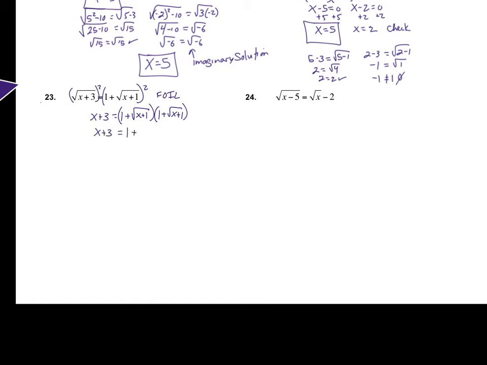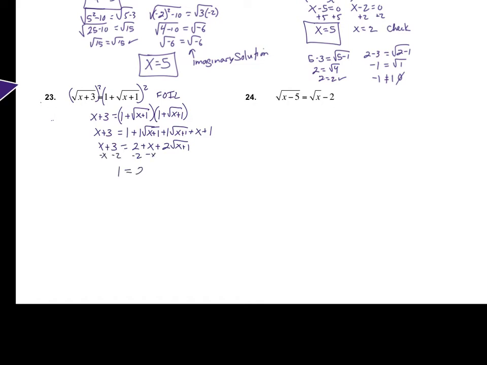That gives us 1 plus 1 square root x plus 1, plus 1 square root x plus 1, plus x plus 1, since the radical will cancel out. Combine your like terms. That gives us 2 plus x plus 2 times the square root of x plus 1.